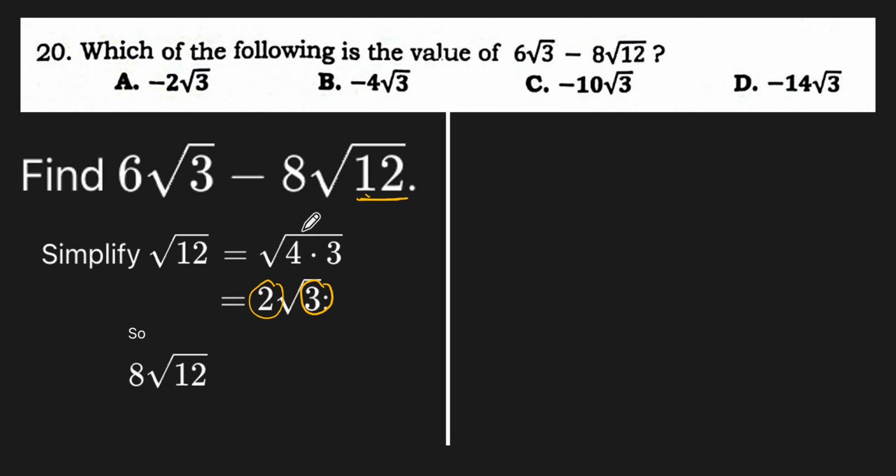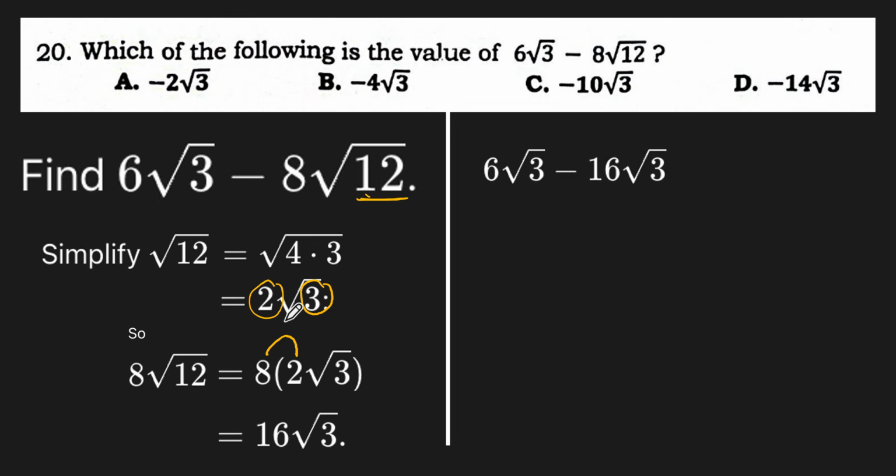Now, 8 square root of 12 can be written as 8 times 2 square root of 3. So what does it mean? We can multiply 8 times 2 here, so that is equal to 16 square root of 3. Therefore, 6 square root of 3, we just copy here, minus 16 square root of 3.